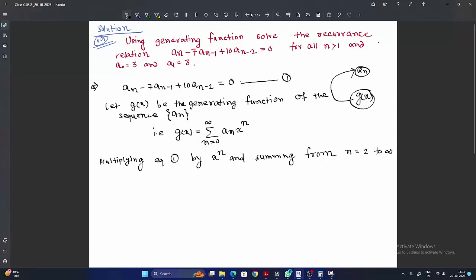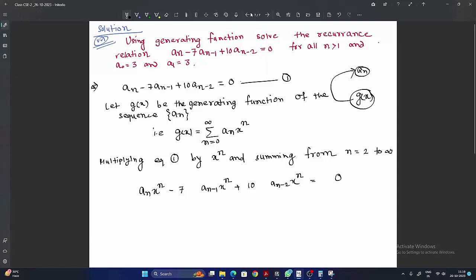Then just take a product with x to the power n, that means a_n x to the power n, minus 7a_(n-1) x to the power n, plus 10a_(n-2) x to the power n, and that is equal to 0.